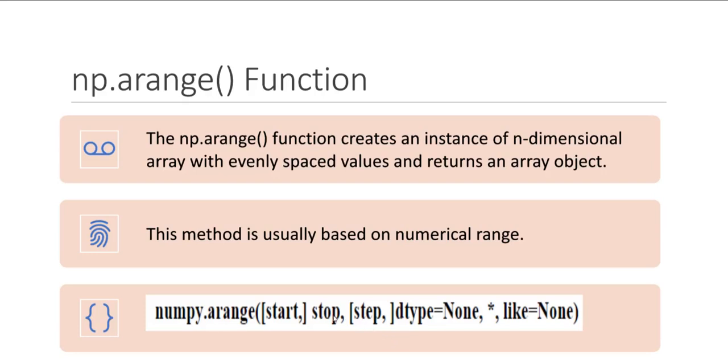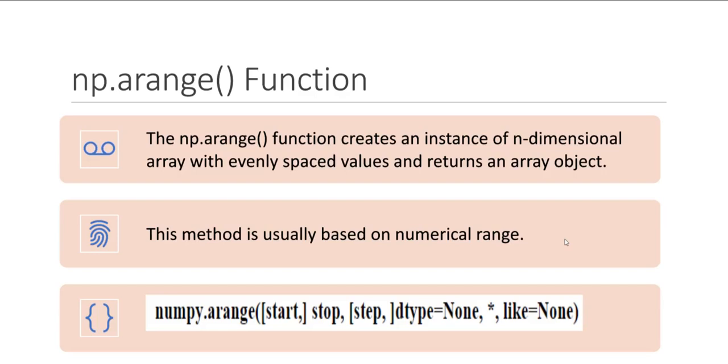This parameter specifies the start of the interval, and the second parameter is stop. This parameter indicates the end of the interval, and the third parameter is step. The step parameter specifies the spacing between values in the sequence. The next parameter is dtype. The dtype parameter specifies the data type of the array.